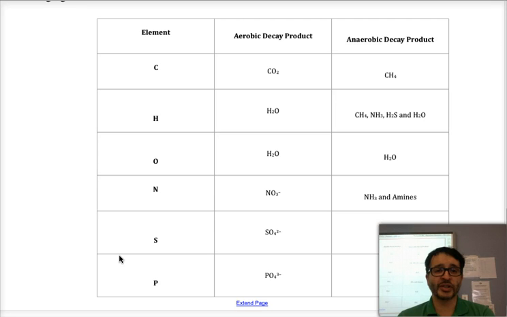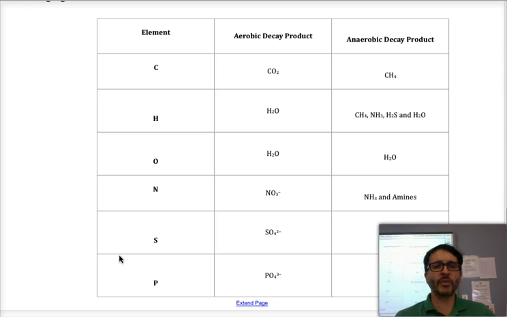Sulfur present in the waste, in aerobic conditions, will go to sulfate. In anaerobic conditions, it will go to hydrogen sulfide. Hydrogen sulfide is that very characteristic smell that rotten eggs have. All right, and finally, phosphorus decays in aerobic conditions to phosphate, and in anaerobic conditions into phosphine, which is also another foul-smelling and toxic material.